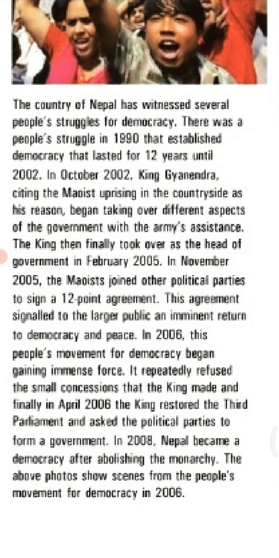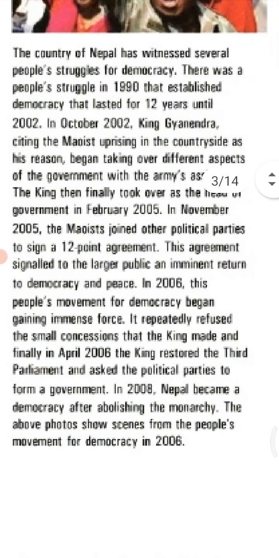In 2006, this people's movement for democracy began gaining immense force. Now see, the Maoists joined the other political parties and started convincing the people that they would bring democracy in the country. Now, what happened?